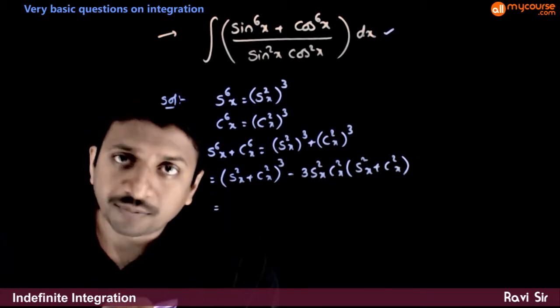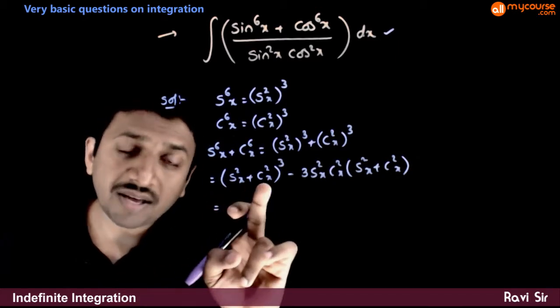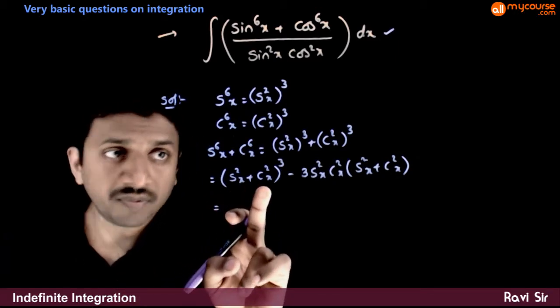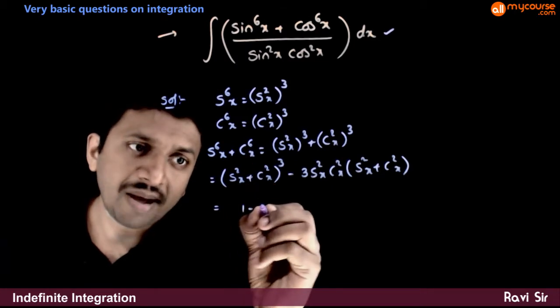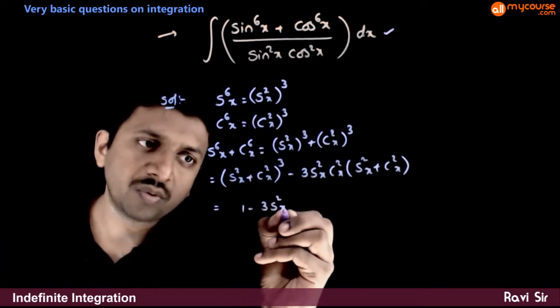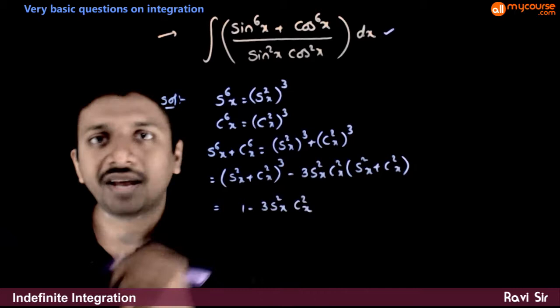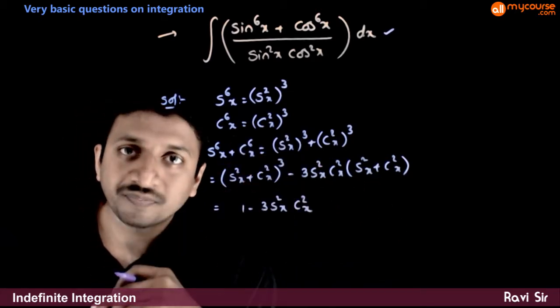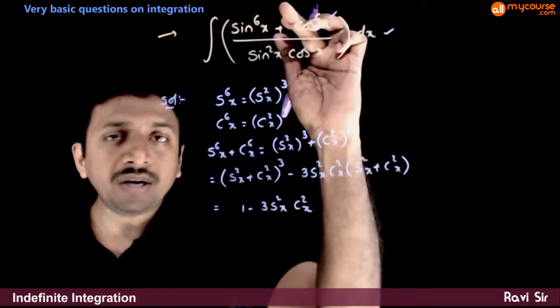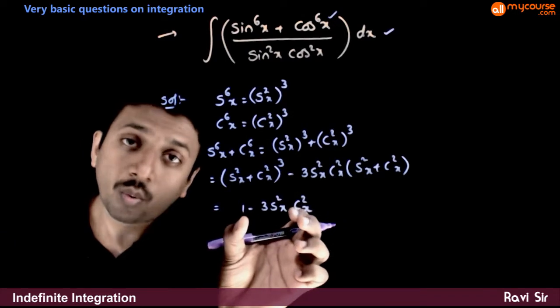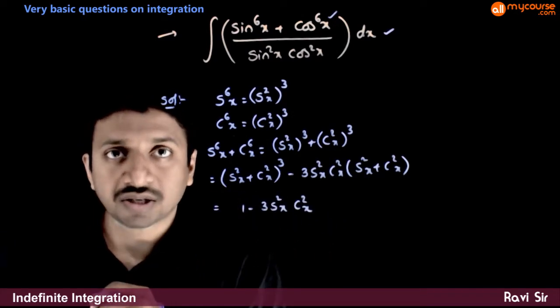So that is equal to, so sine square x plus cos square x is equal to 1. So 1 cube is 1, minus 3 sine square x cos square x, and this is also equal to 1. So effectively this whole numerator is exactly the same as 1 minus 3 sine square x cos square x.